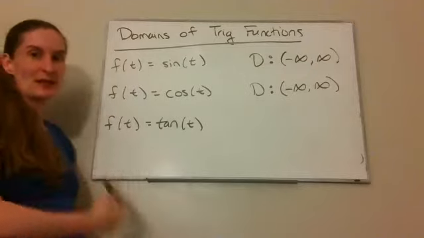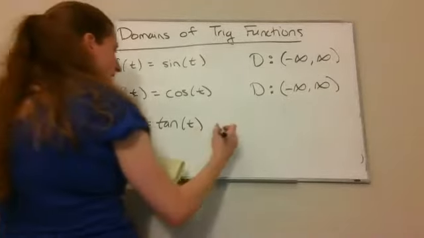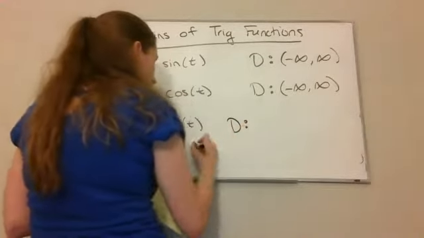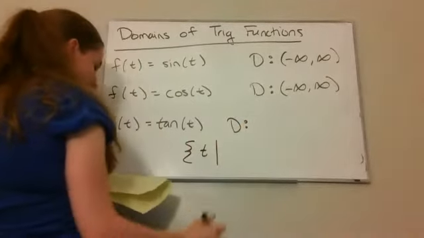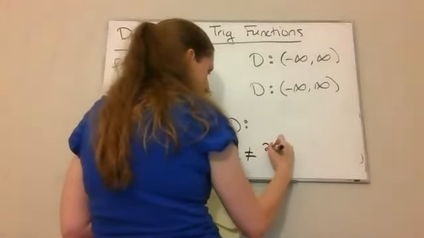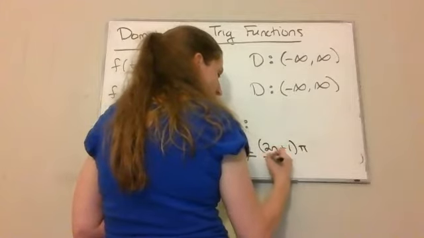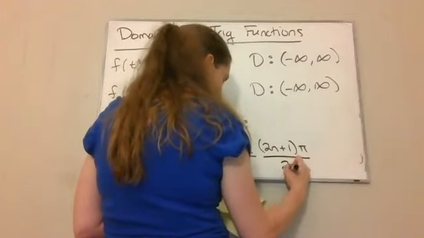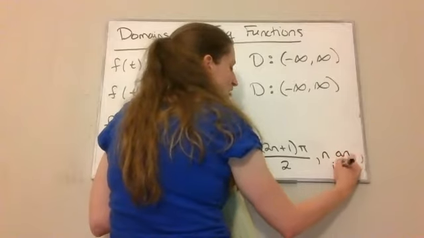And it keeps repeating the more times we go around. So I can have any value for my domain. So I'm going to say my domain is the set of all t as long as my t is not equal to 2n plus 1 times pi over 2, where n is an integer.